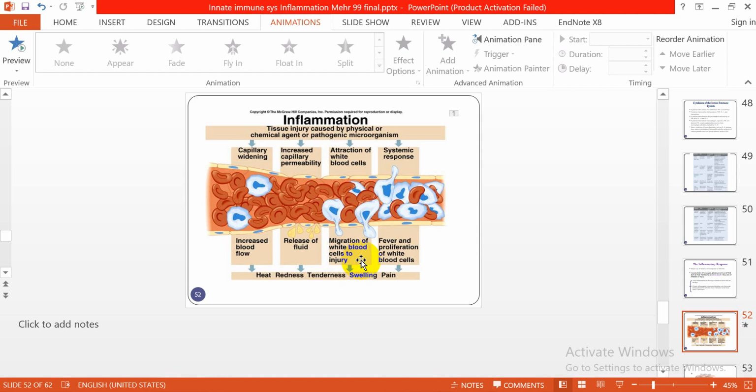And also we have some systemic responses in inflammation, such as fever and proliferation of white blood cells. All of these processes could induce heat, redness, tenderness, swelling, and pain at the site of inflammation.